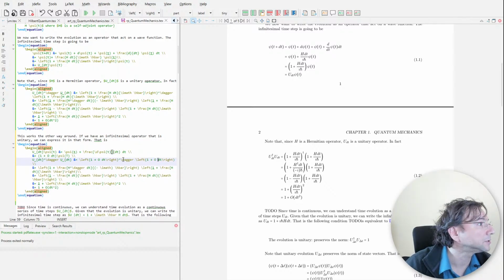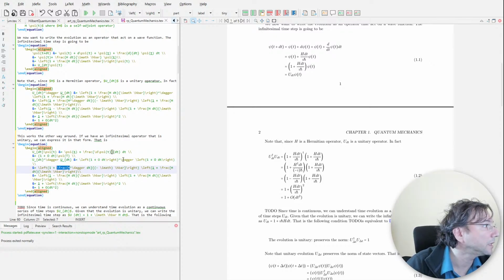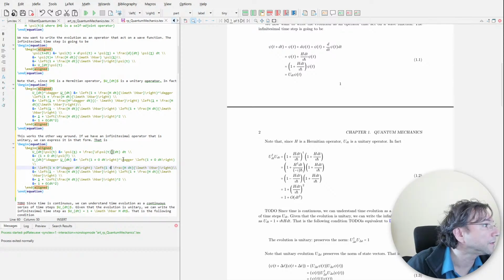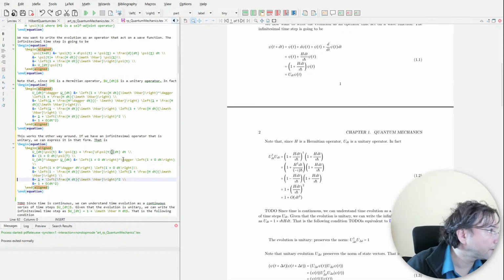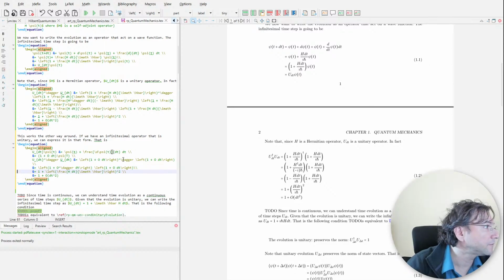And so now we are not going to be able to take the dagger away because we have no idea what O is. And this is my O dt. Okay, and now we have the expansion with all the different terms.